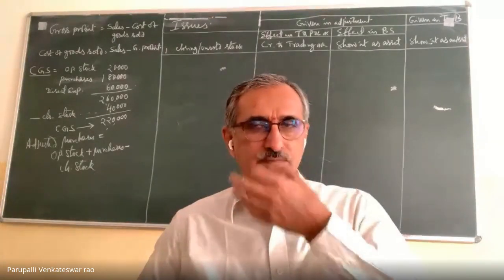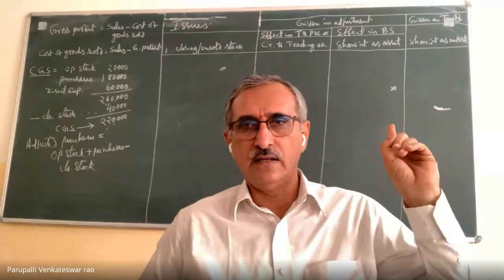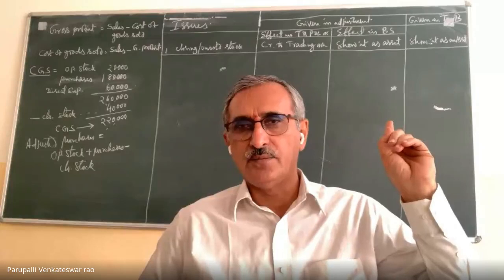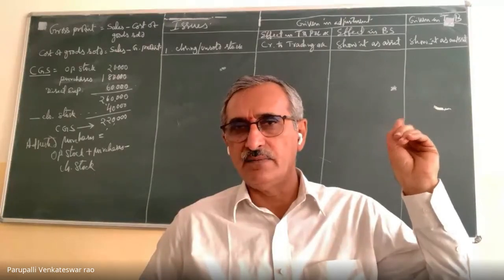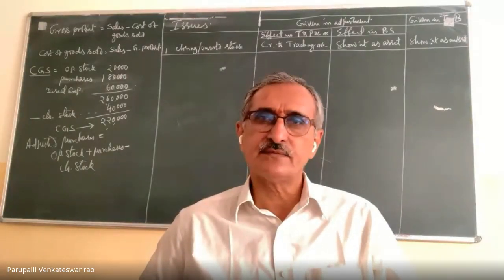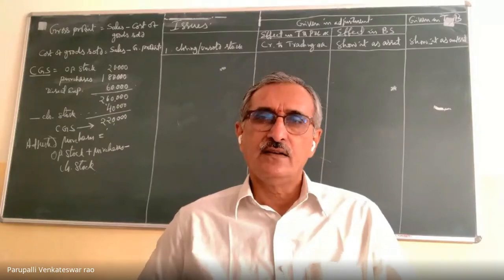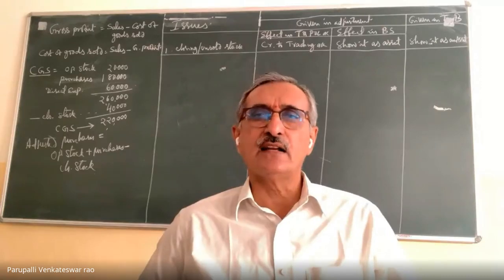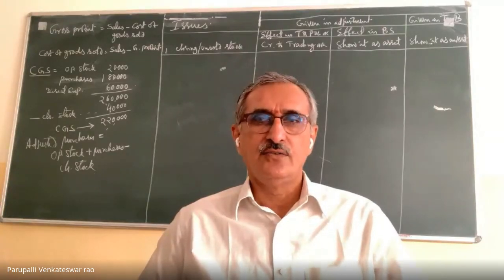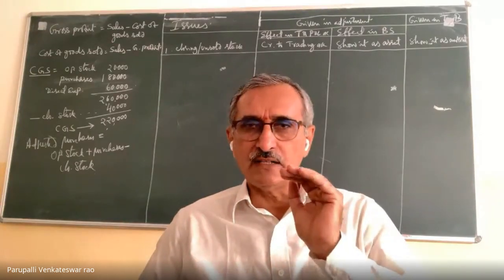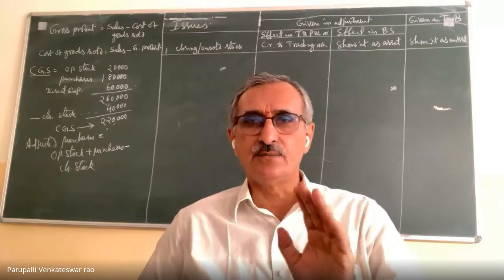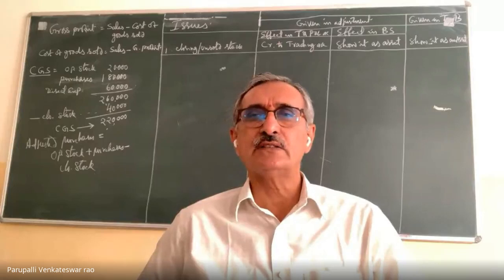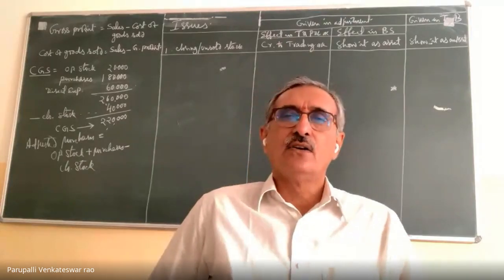Now, I already started working on the board. Before class commences, I already made some exercise. While working out the problems, some adjustments are given. For each adjustment, you have to write a journal entry. For example, unsold stock, we normally refer to as closing stock.